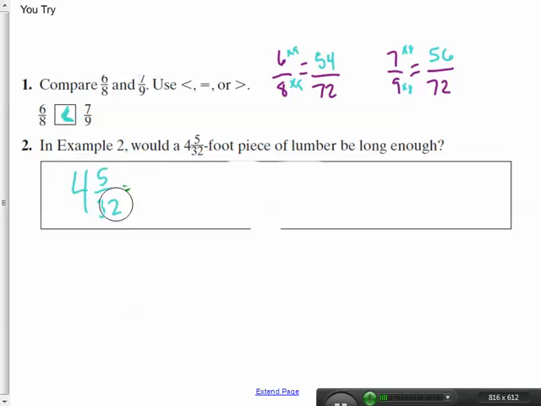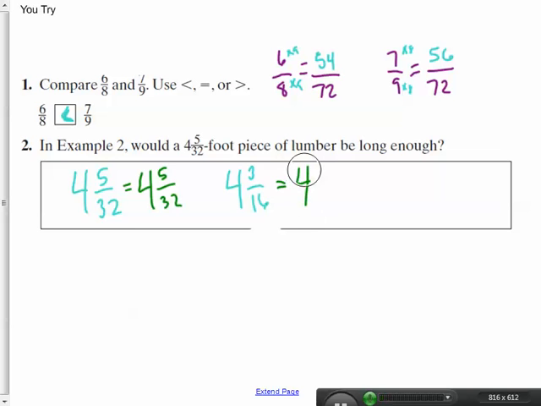All right, so I know that I'm comparing my piece of lumber that I have here to 4 3/16. That's how big of a piece of lumber I need.